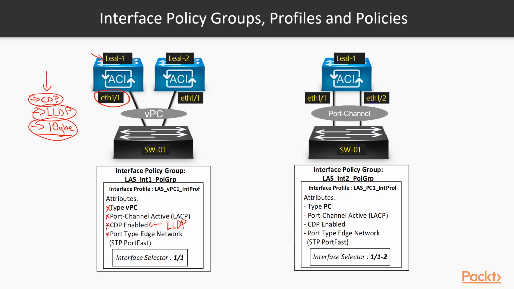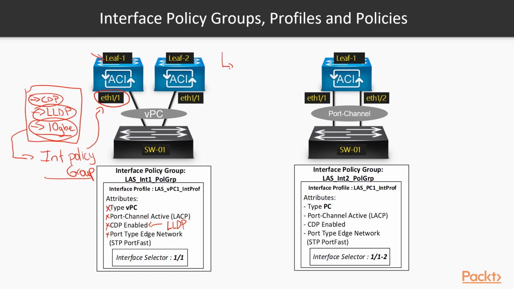The interface policy gets grouped into an interface policy group, which then, by combining all the items into a policy group, we can then apply to an interface profile. Let's recap.